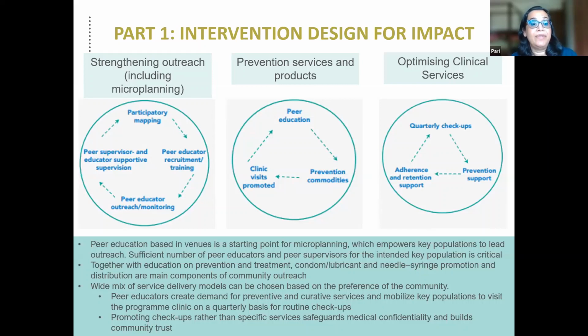Additional program efforts to promote HIV testing, uptake of PrEP or ART work best to boost uptake, adherence, and retention when implemented from a trusted access platform. Promoting checkups rather than specific services safeguards medical confidentiality and builds community trust.